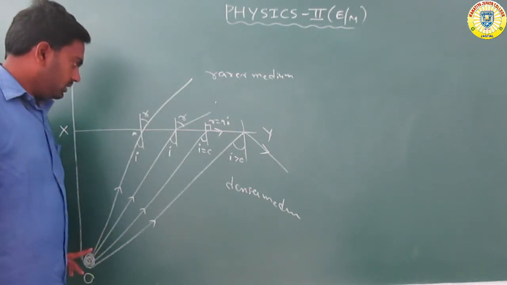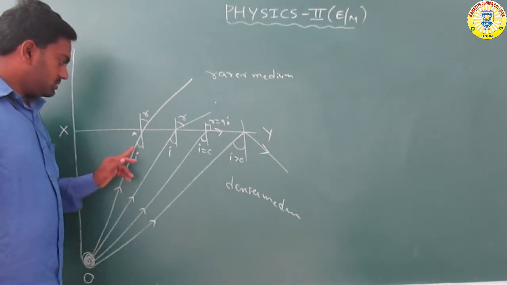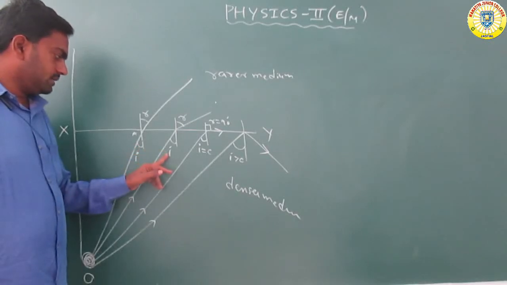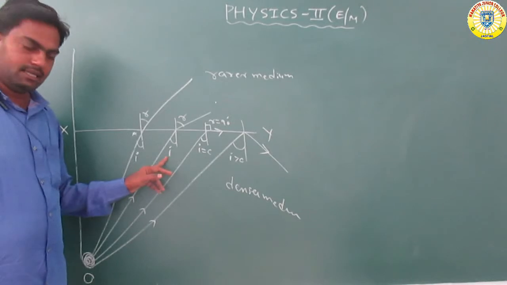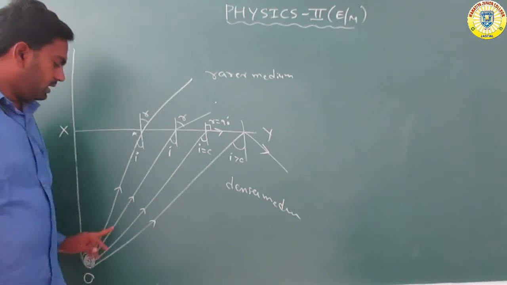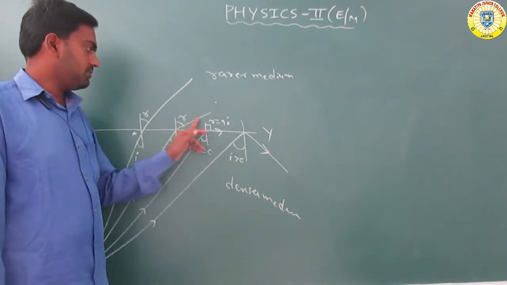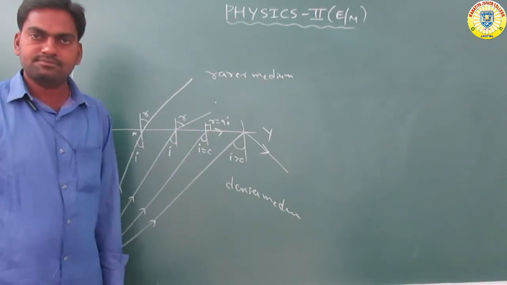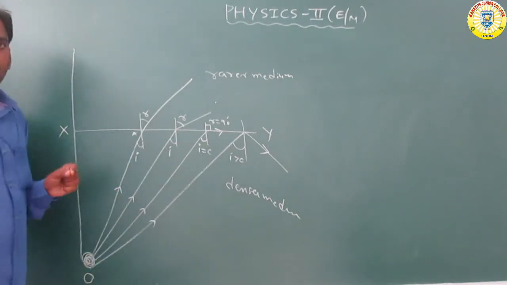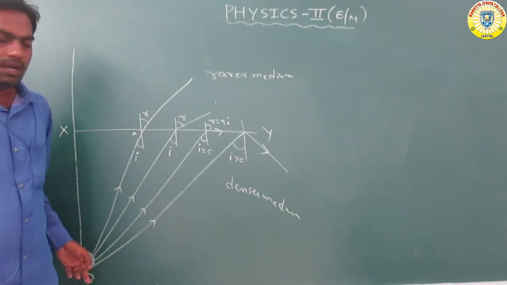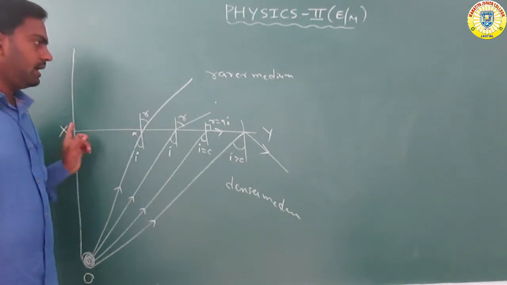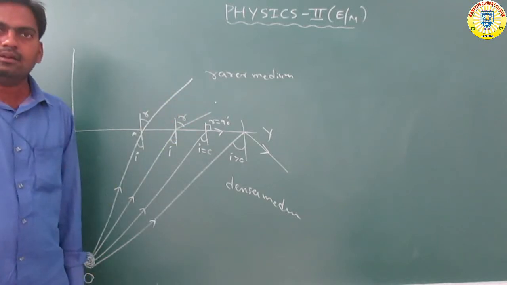Also, as the angle of incidence increases, for example 30 degrees, then 40 degrees, the angle of refraction also increases. So consider the light ray in the denser medium incident on the XY surface.